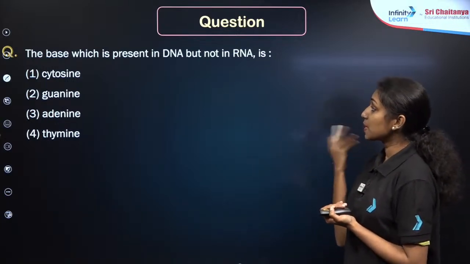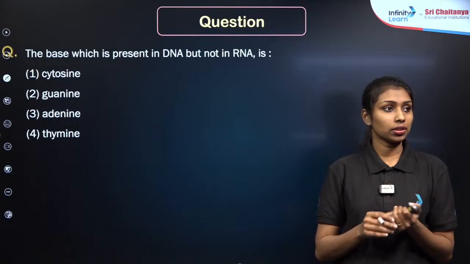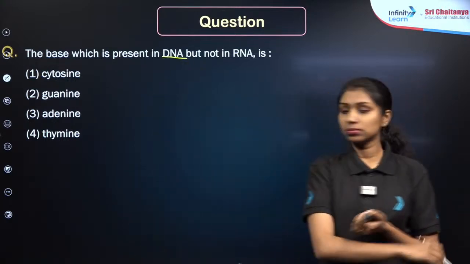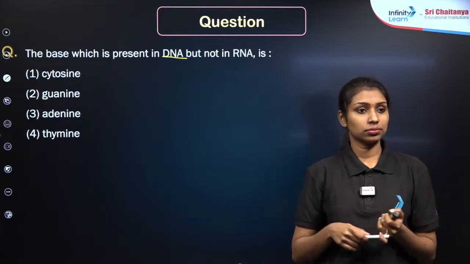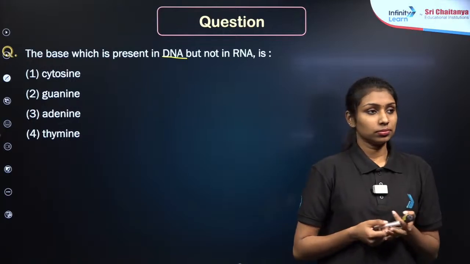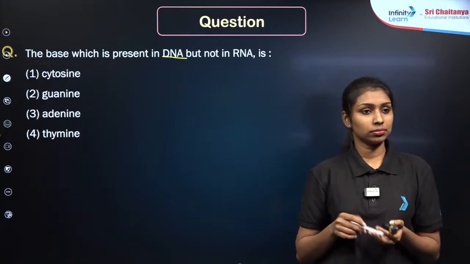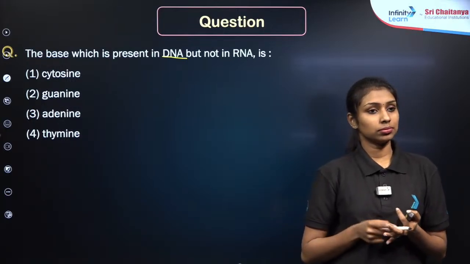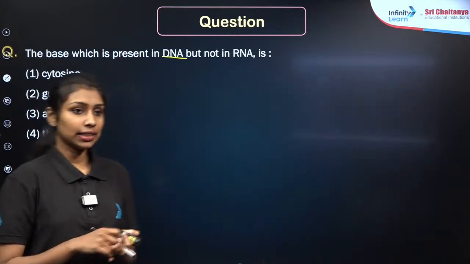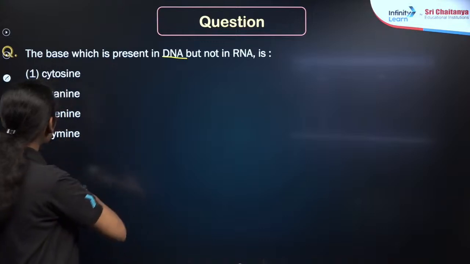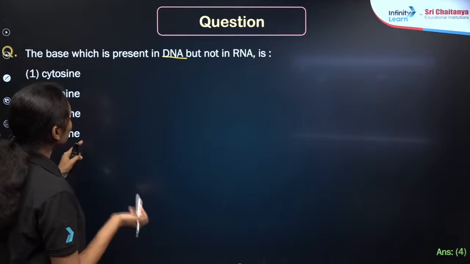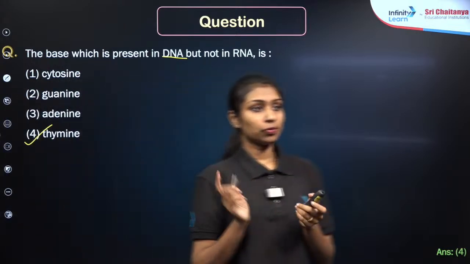Which base is present in DNA but not in RNA? Thymine, right? So we are discussing DNA. We have studied that thymine, which means option 4 will be the correct answer here. Thymine is present in DNA, but in RNA it is uracil instead of thymine. Clear?